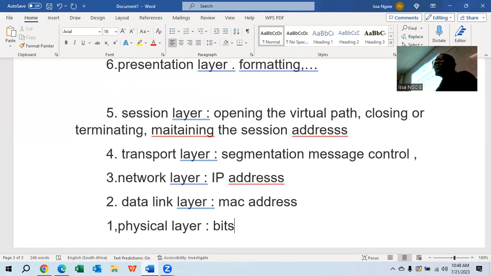So now you must know that for every layer, there's a specific device, like a layer 2 switch. Where can you find the layer 2 switch? Data link layer. Why? Because a layer 2 switch uses MAC addresses. When we are talking about a router, a router uses an IP address. Which layer? Layer 3. When we are talking about cables, layer 1, physical layer, right?